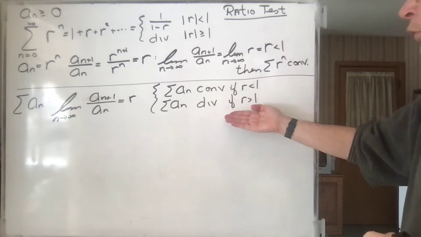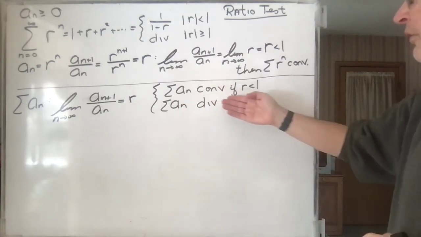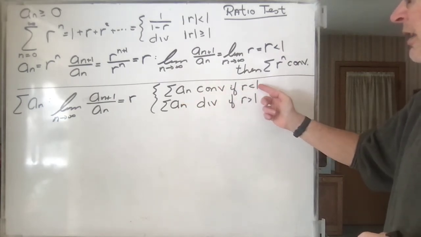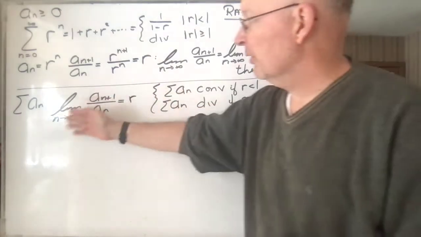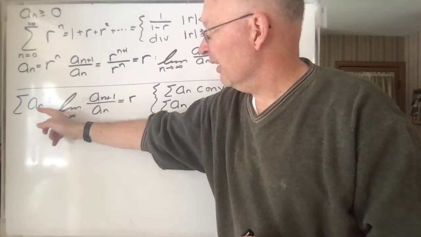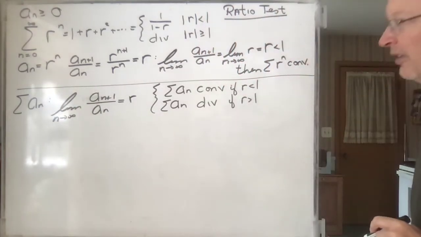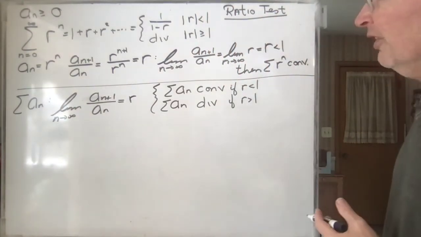Okay, that was true for the geometric series. The geometric series, if r is less than 1, it converged. If r is greater than 1, it diverged. And the same thing is going to be true of any series like this. And so basically, here's what we're saying.